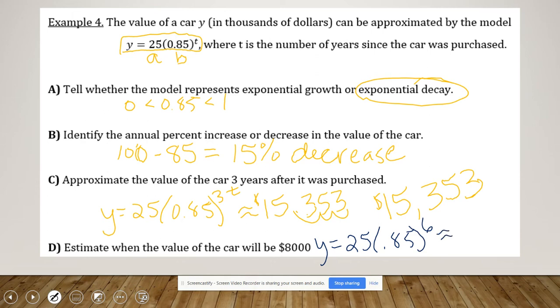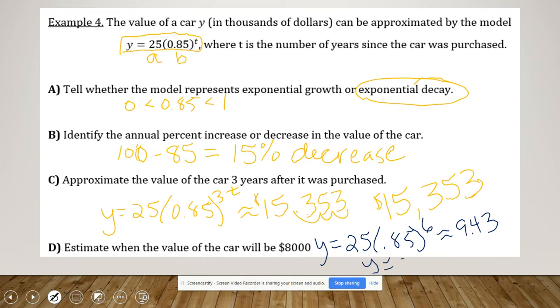There's no one right or wrong way to start estimating. You just have to start plopping some numbers in for time and see what happens. So when I put this in our calculator, we get 9.43 or $9,430. That's still too much, but it's close.